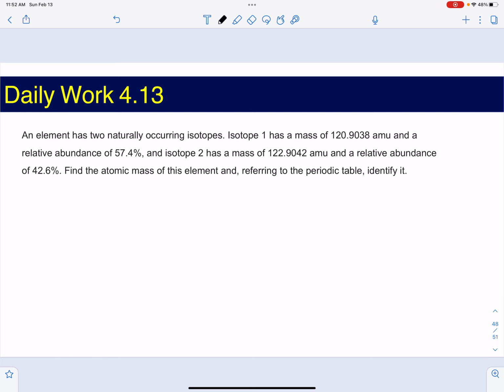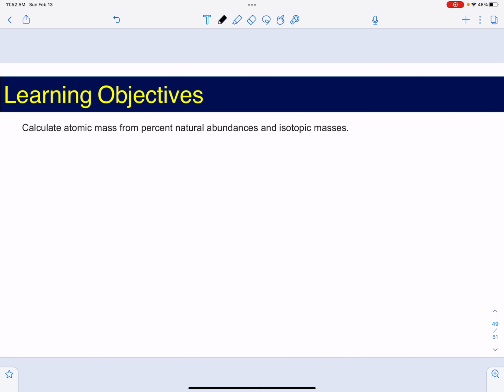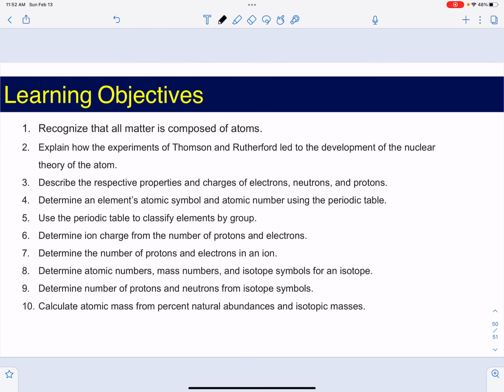Once you finish that problem, you can say that you understand how to find the atomic mass using the percent of natural abundance of the different isotopes with their respective masses. And once you do that, we are done with chapter 4. So real quick, we understand that everything is made out of atoms. You watched the video on Thomson and Rutherford and you understand how we got to that theory.